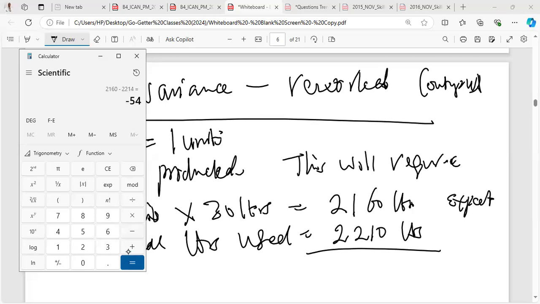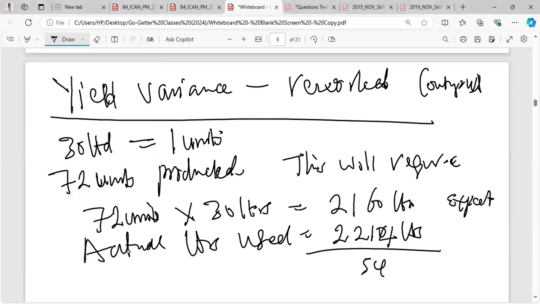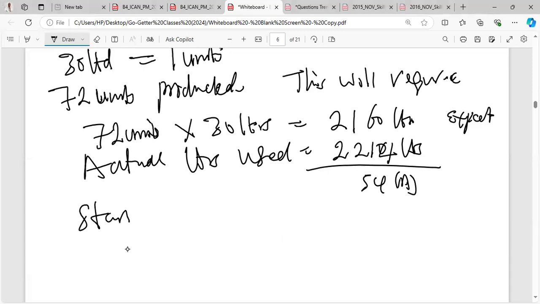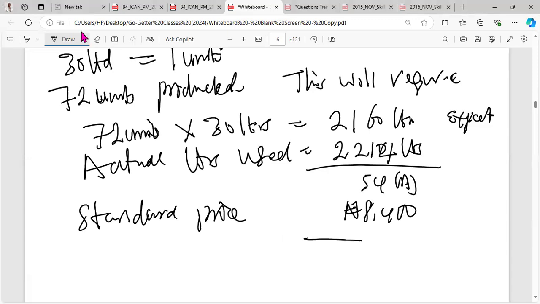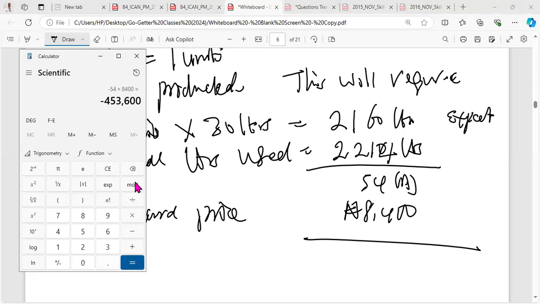That should be 54. It should be 54 adverse. Then when you multiply by standard price, times 8,400, what did I do? It's not 8,400, sorry.